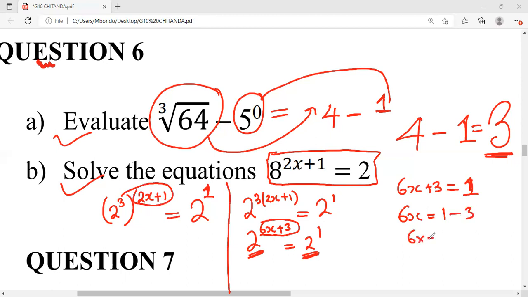So 6x is equal to minus 2. Then x is equal to minus 2 over 6, which will be simplified as minus 1 over 3. This is what we're going to end up with as our final answer.